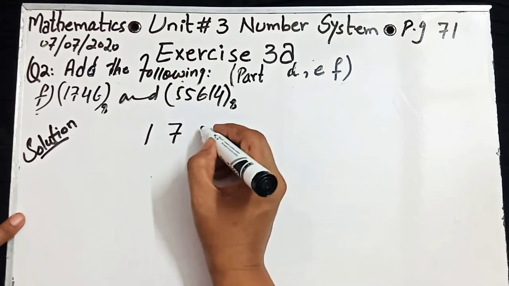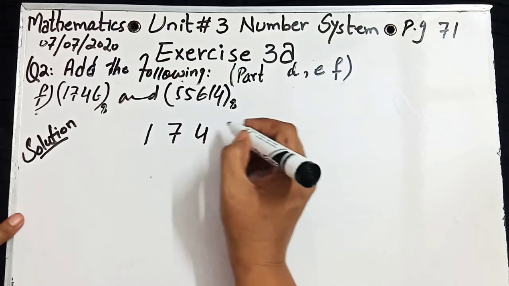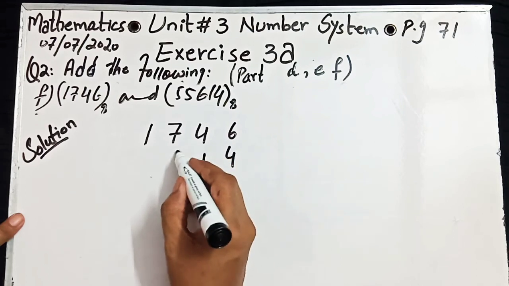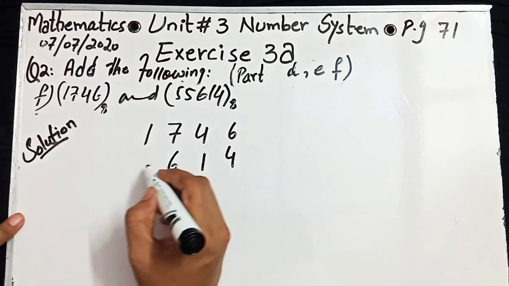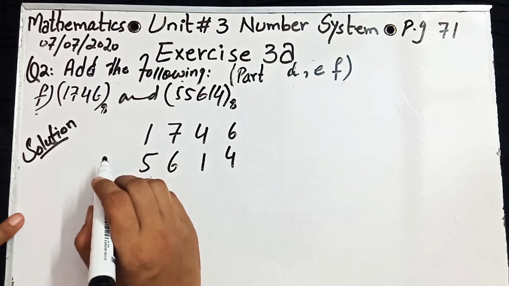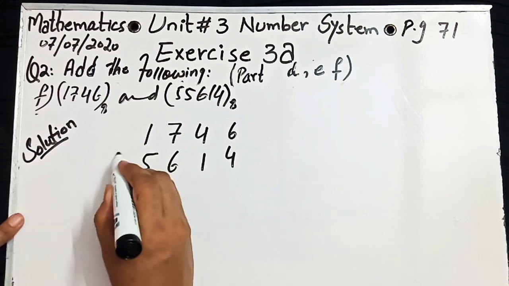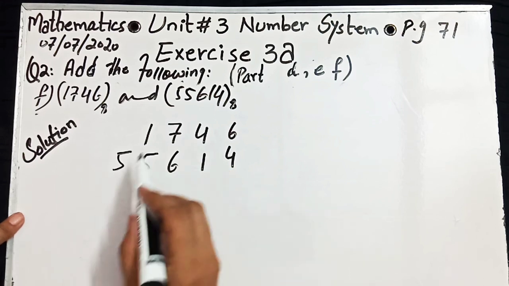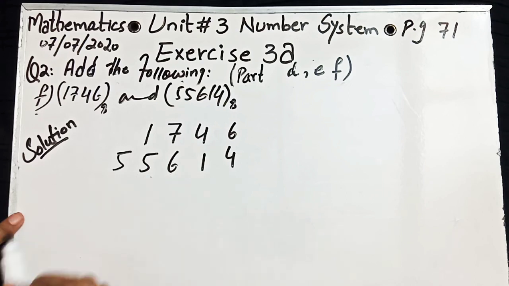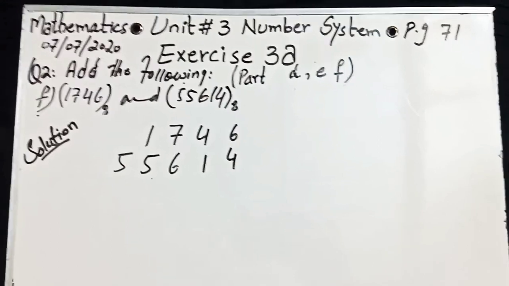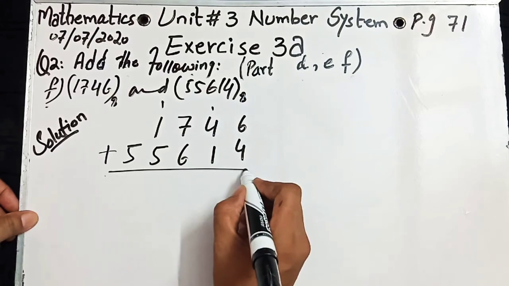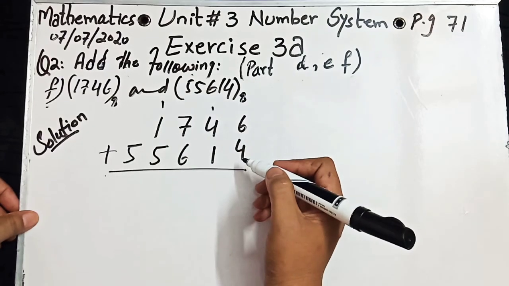1746, 41655. Okay, in the base 8 system 6 plus 4 is equal to 10.